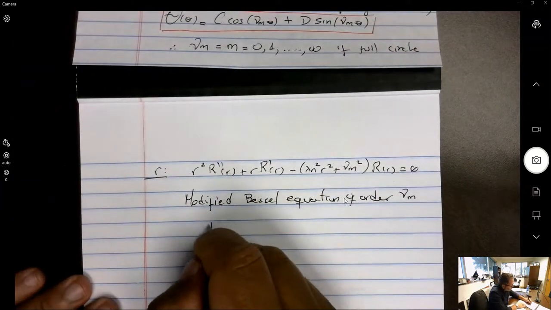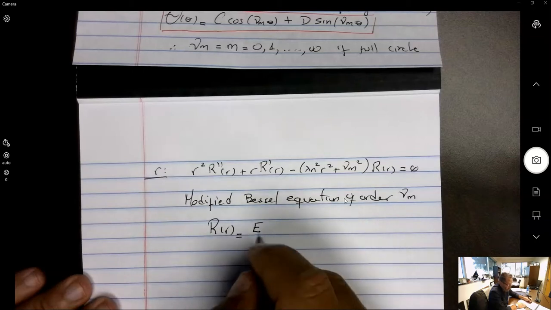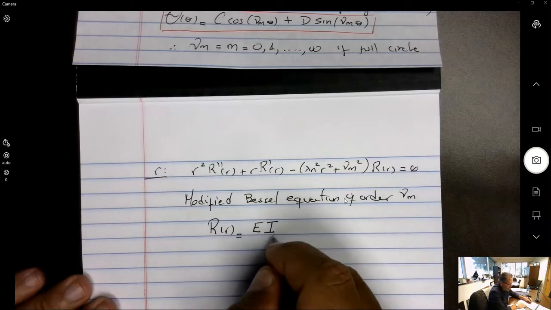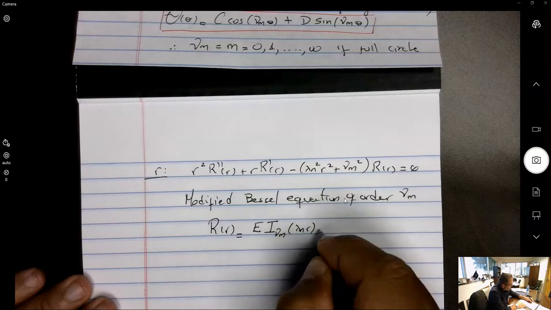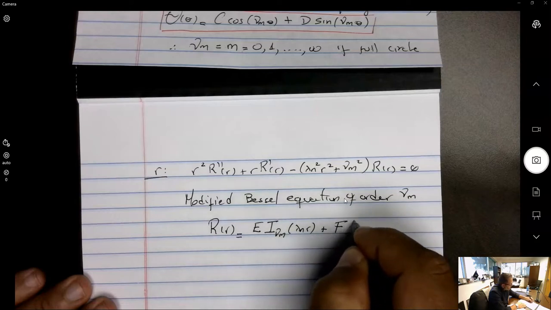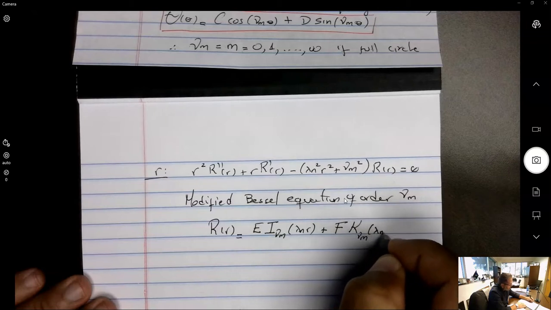whose solution R of r is equal to some constant of integration e times the modified Bessel function of the first kind of order nu_m of lambda n r plus f times the modified Bessel function of the second kind of order nu_m of lambda n r.